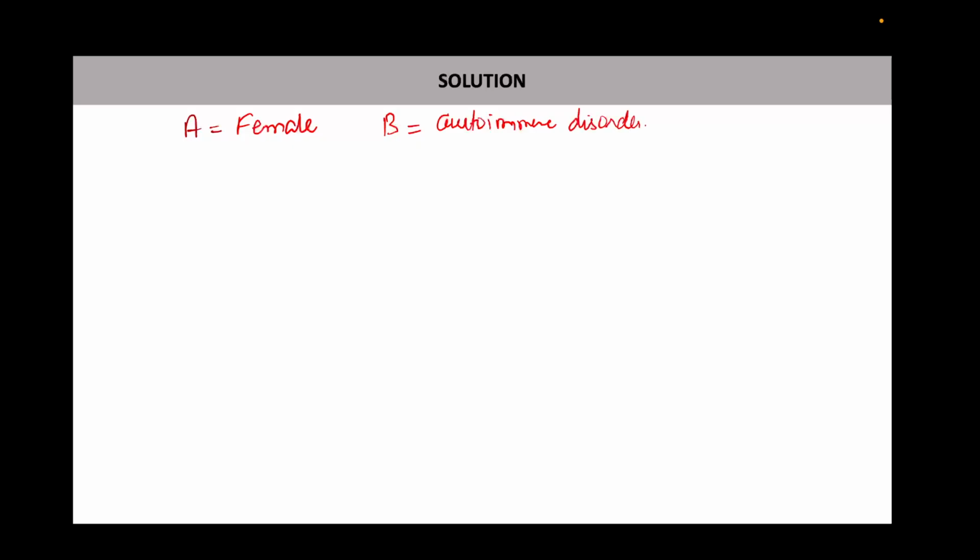The probability of a female child getting affected by autoimmune disorder is your question. So again it is the same formula, the probability of A and B happening, and because it is saying that a female child has autoimmune disorder, this is already there. So in that case, your probability of B will be used here. You simply have to put the values in the question.